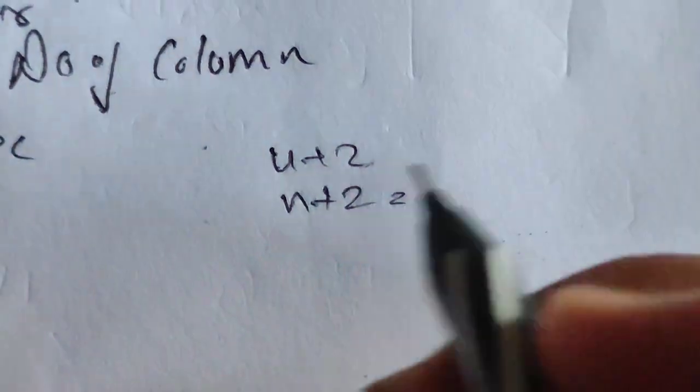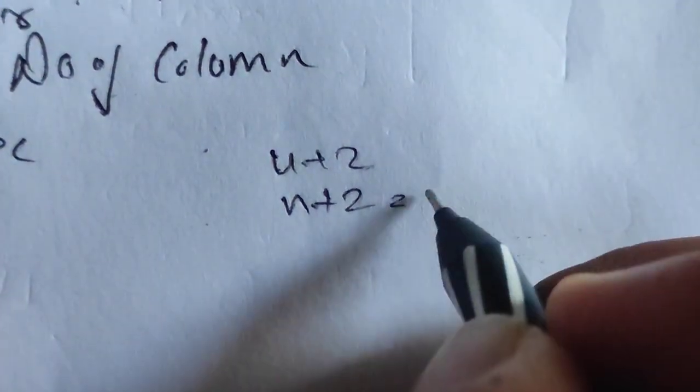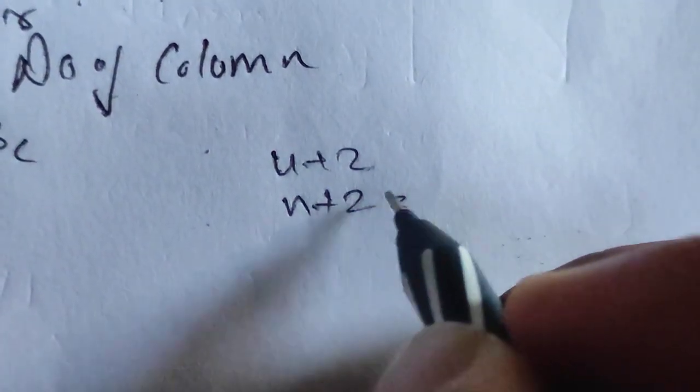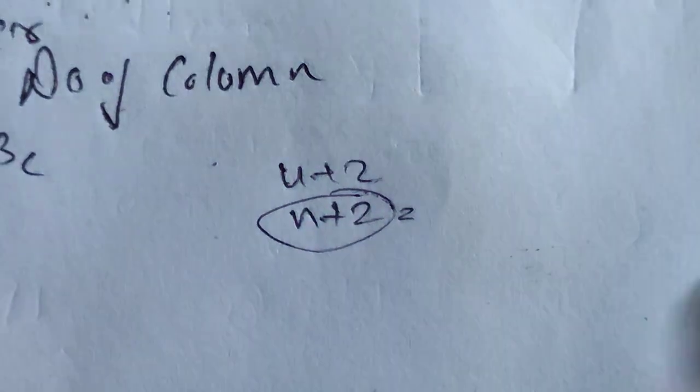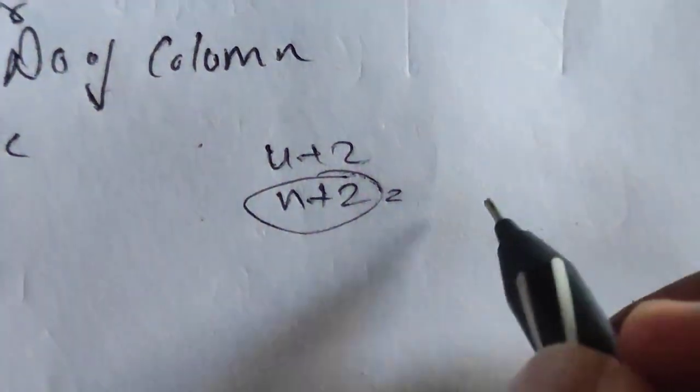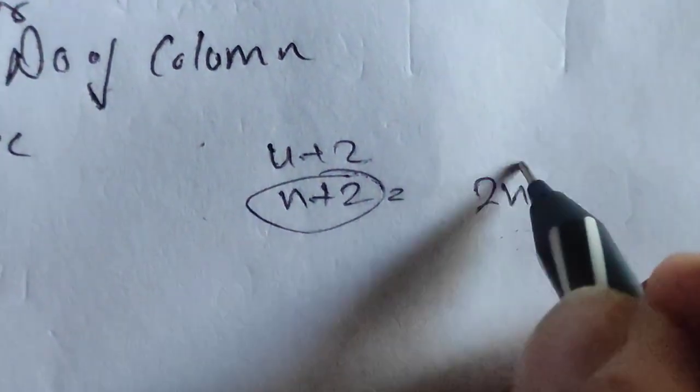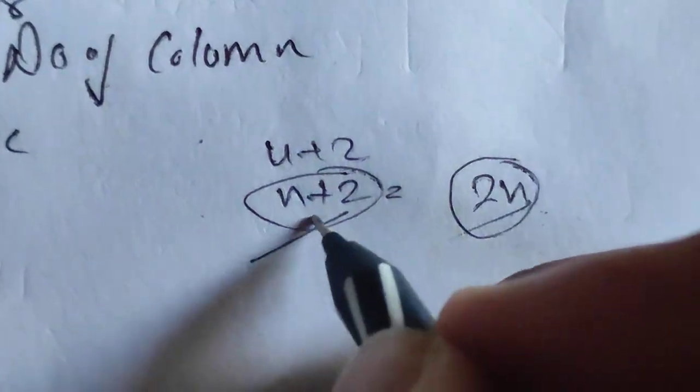For example, 4 plus 2, that is n plus 2, or any positive even number looks like 2n. So this is the form of a general term.